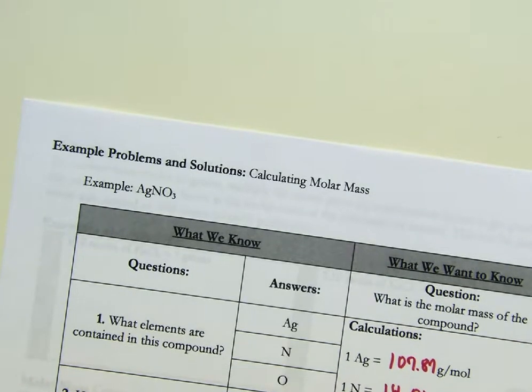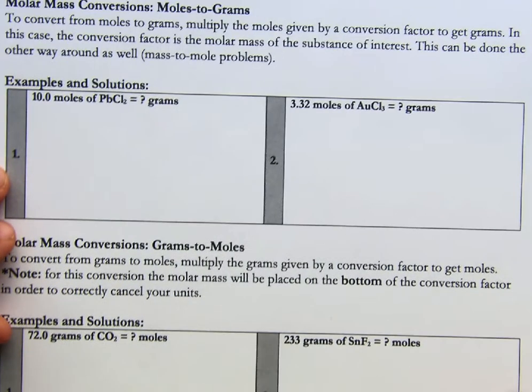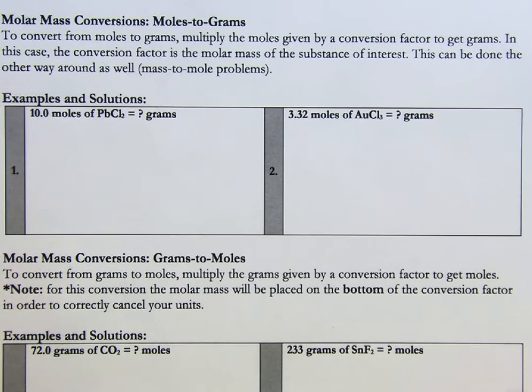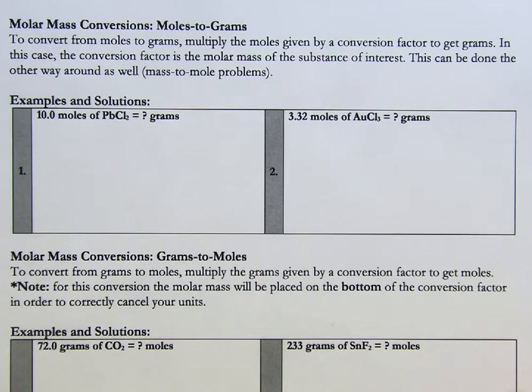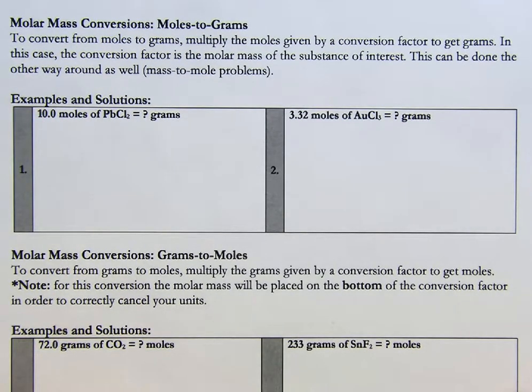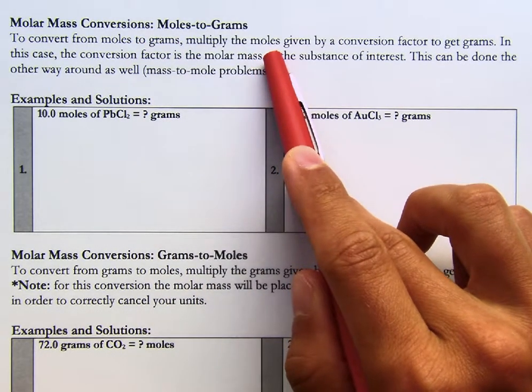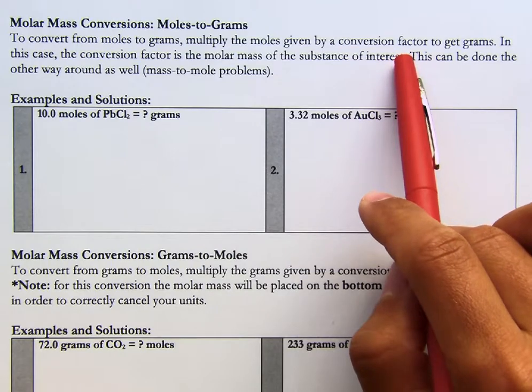So let's do some conversion problems. We're going to do a variety of conversion problems now that we can calculate molar mass. The first example problems here are going from moles to grams. Okay. So to convert from moles to grams, you multiply the moles given by a conversion factor.